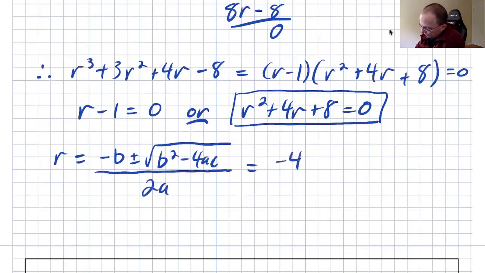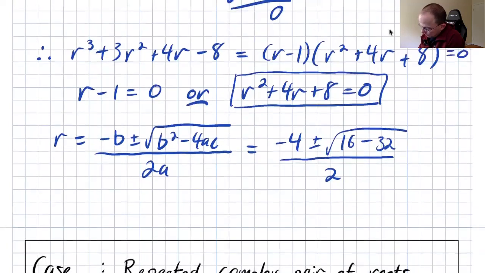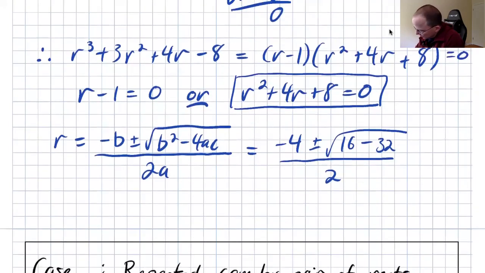So we get minus 4 plus or minus the square root of b squared, which is 16, minus 4 times 1 times 8, which is 32. So we're going to take the square root of that, and then we're dividing by 2. Let me just add another page here.